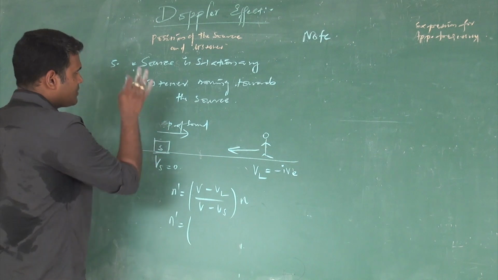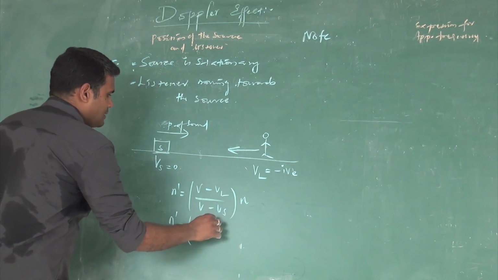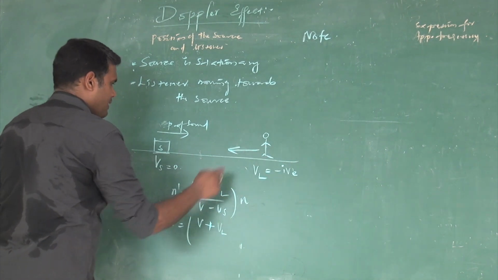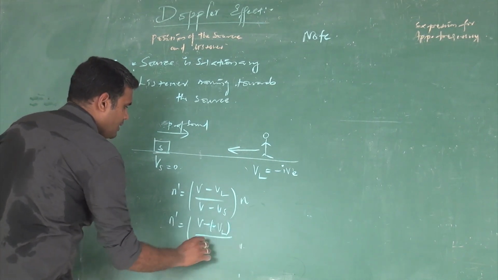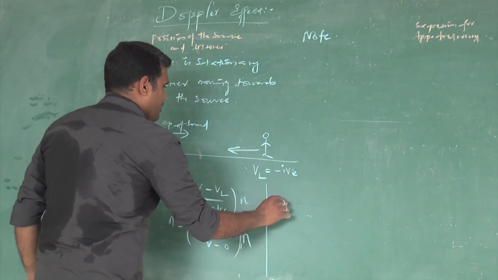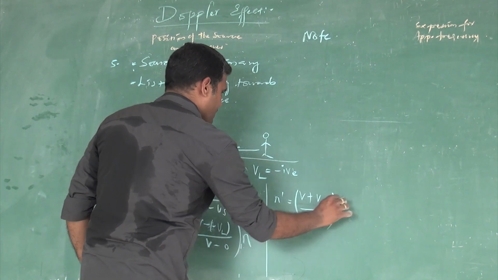It is at rest, it is stationary. So V minus of minus VL, which has become plus VL, divided by V minus 0 into n. So apparent frequency N prime is equal to (V plus VL) divided by V into n.